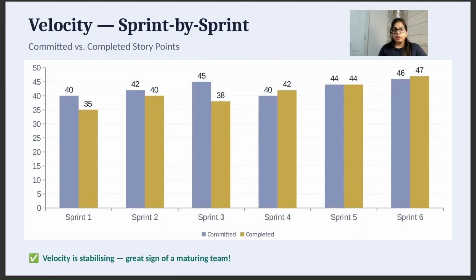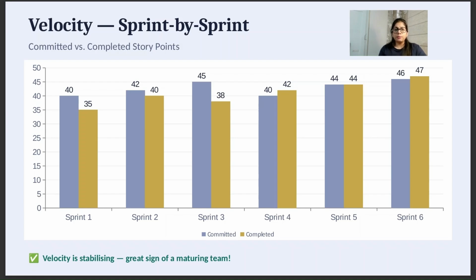So how do you read a velocity chart? These are sprint by sprint graphs that I have shown here from sprint 1 to sprint 6. So what do you see? The gray bar graph here is the committed story points and the other color is the completed story points.